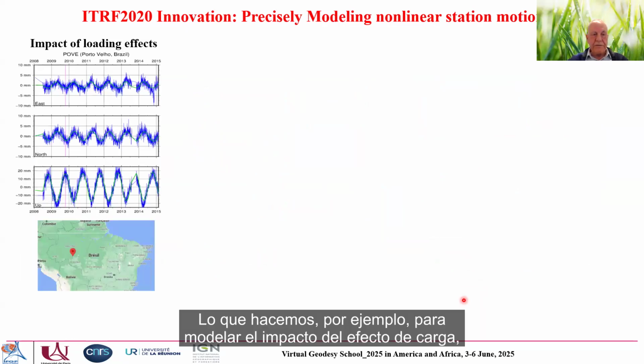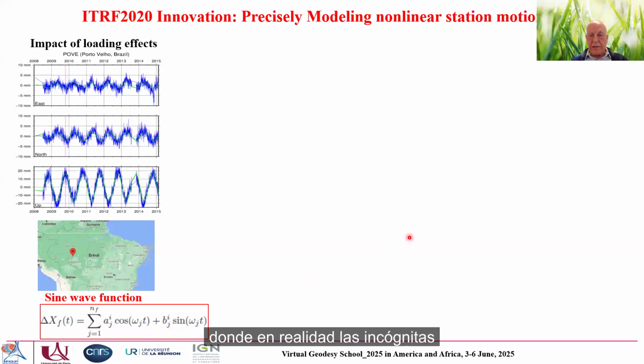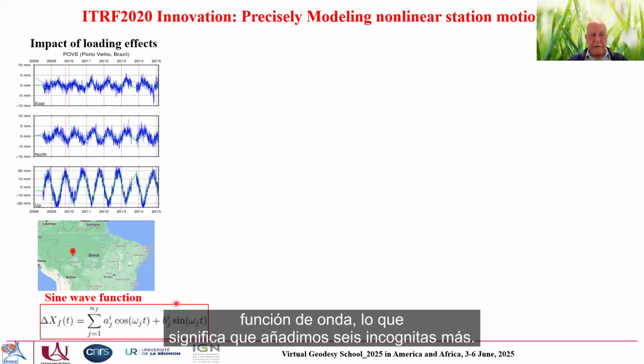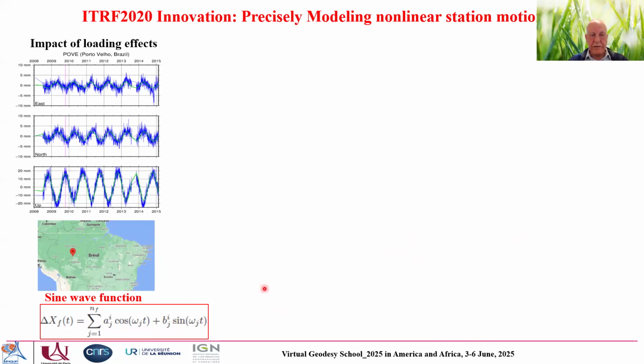For instance, to model the impact of loading effect, we introduce a sine wave function where the unknowns are the A and B coefficients of this sine wave function, which means we add 6 more unknowns to the 6 unknowns that deal with station positions and velocities.